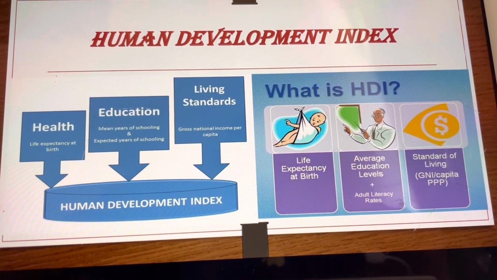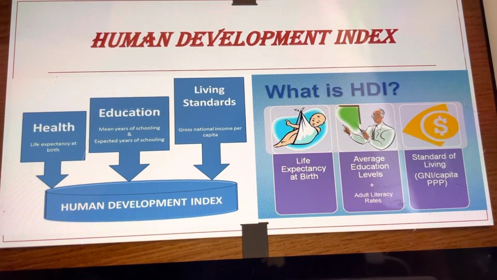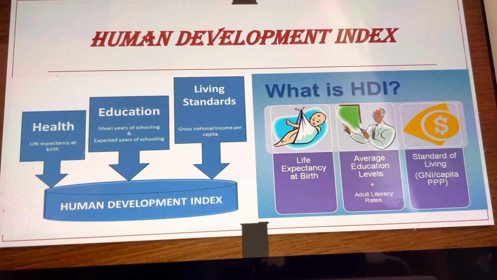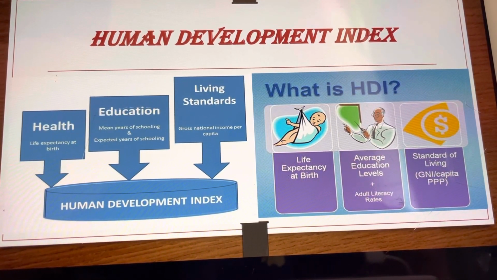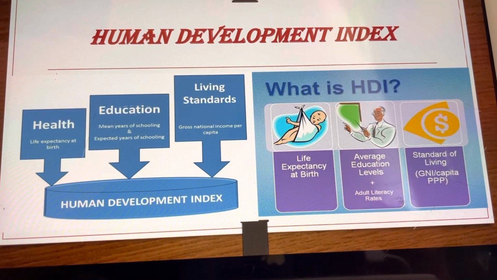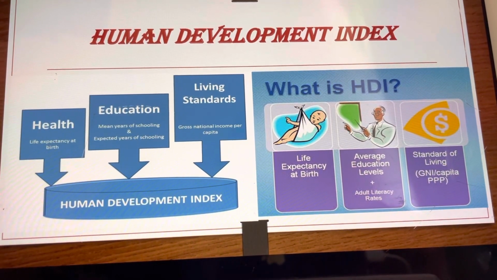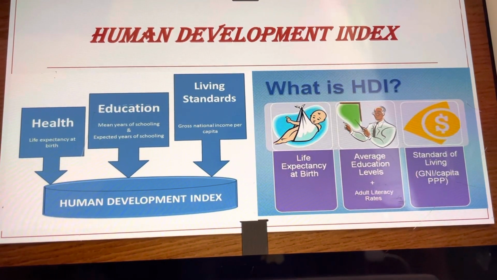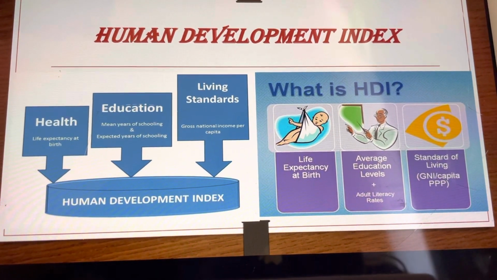You can see through this graph HDI. So average education levels plus adult literacy rate, standard of living, GNI per capita, PPP, purchasing power parity, which is measured in comparison with the dollar, and life expectancy at birth.